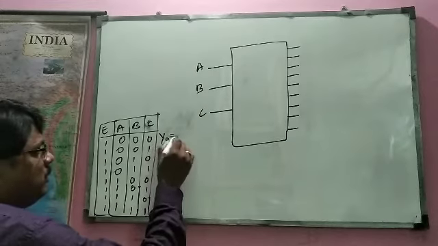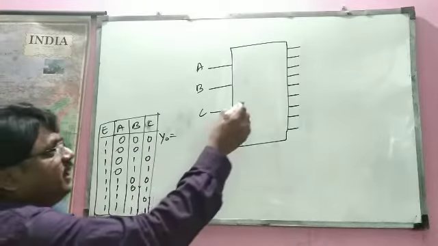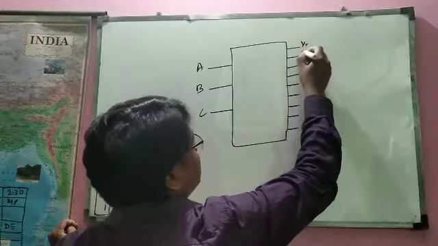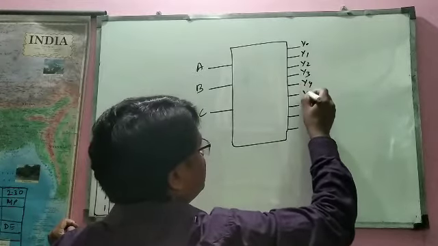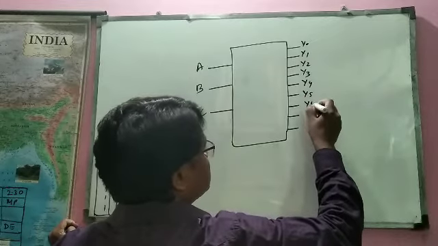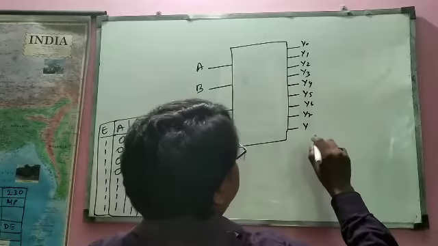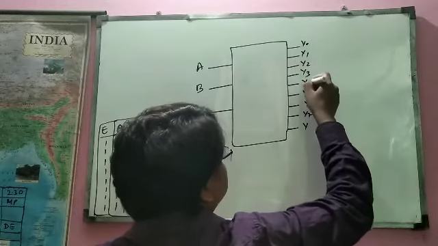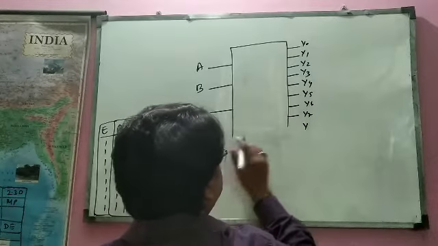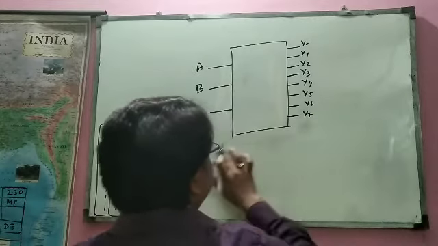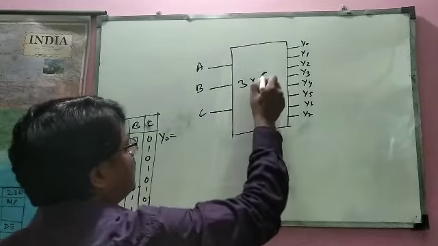Y0 corresponds to this: if this is 0, 0, 0, then Y0 will be high. Then Y1, Y2, Y3, Y4, Y5, Y6, Y7. So there are 8 outputs; the last one is extra, so leave it. This is the 3:8 decoder.